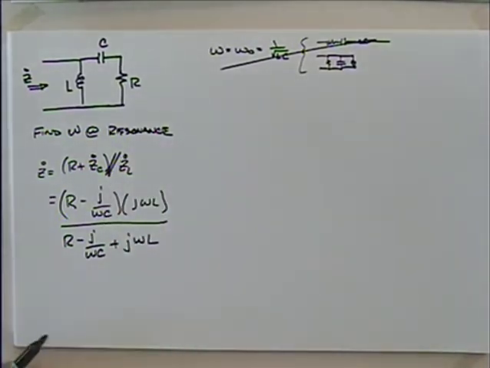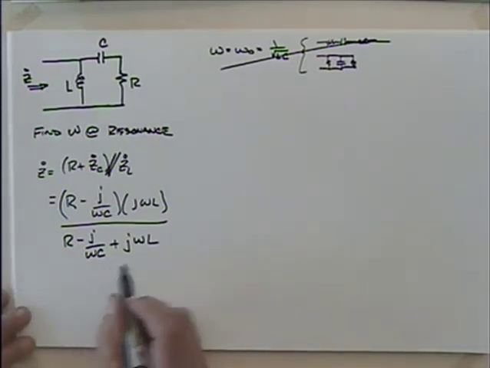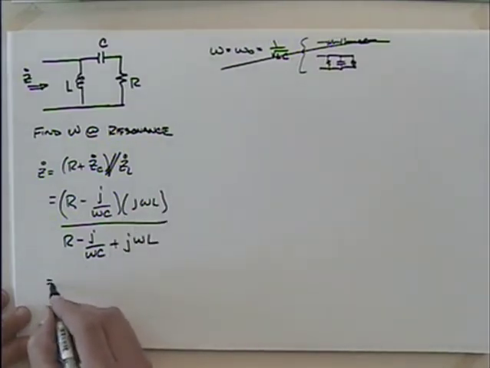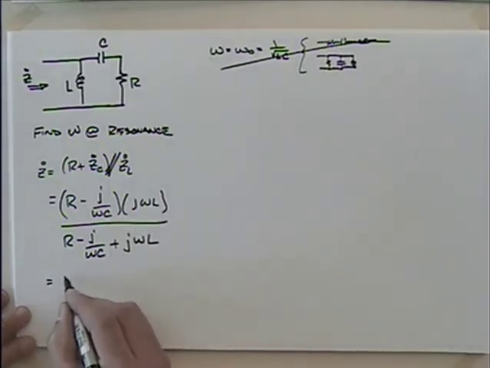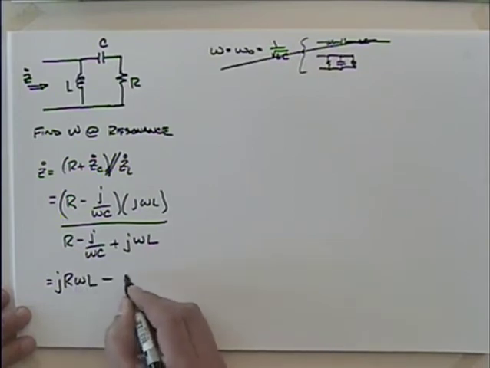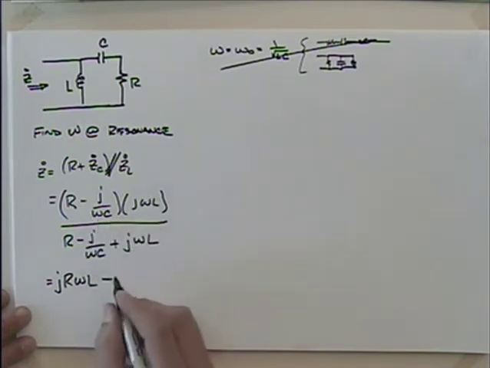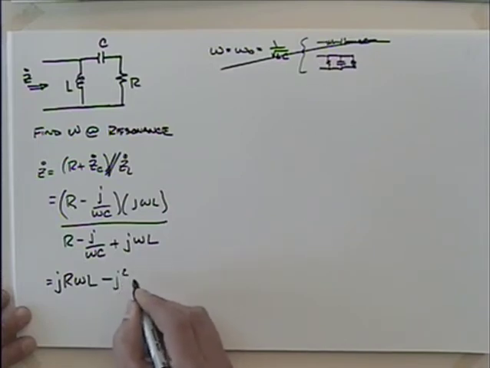Okay, well, let's see where that ends up now. I could multiply that through, so I get R times j omega L minus, when I multiply that, I get to cancel the omegas, and I have minus j squared.